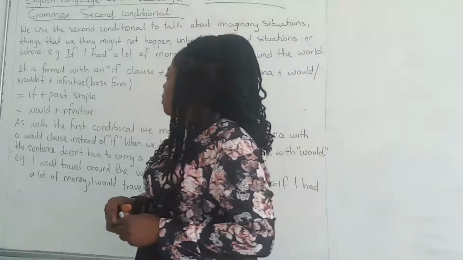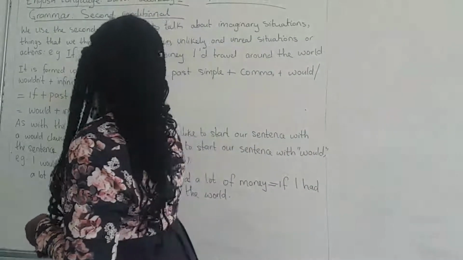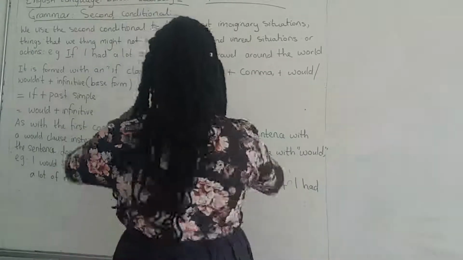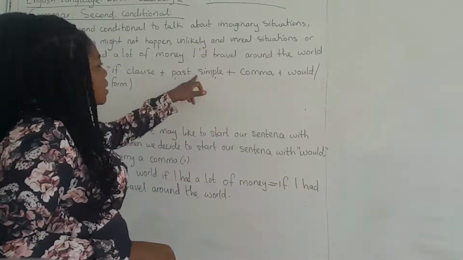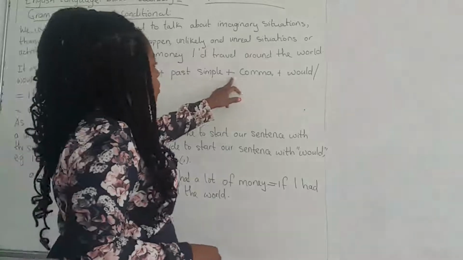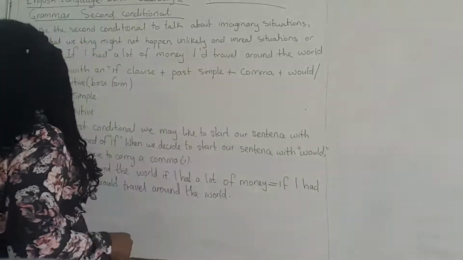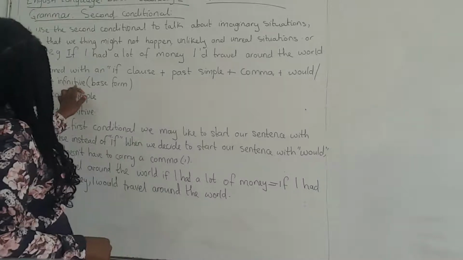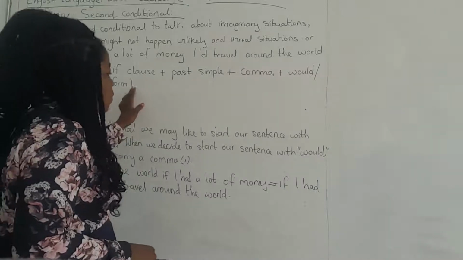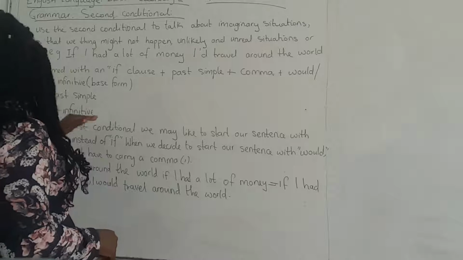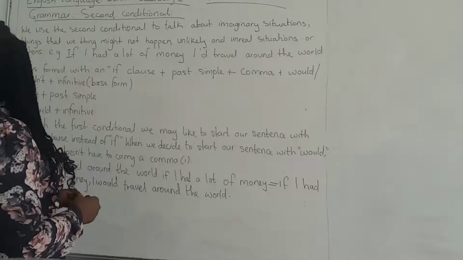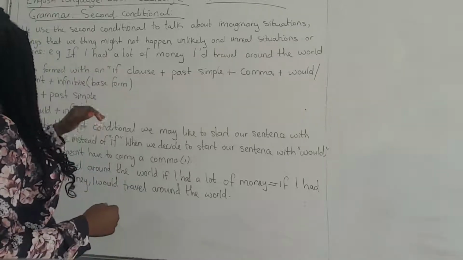Let's see how it's formed on the board. It is formed with if clause plus the past simple plus a comma plus would or wouldn't plus infinitive or base form.